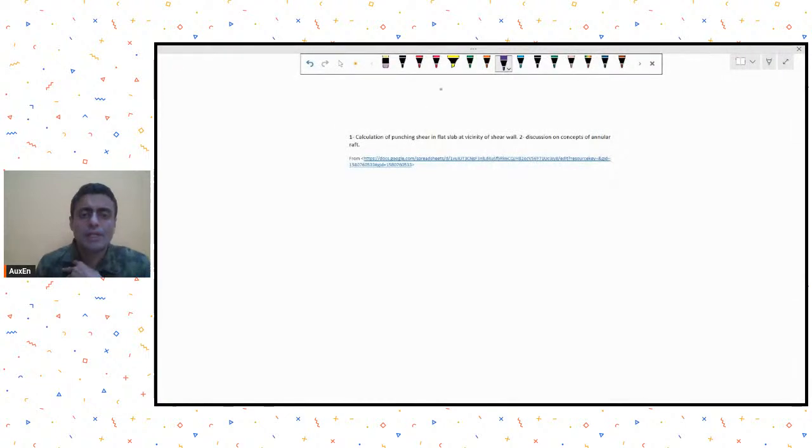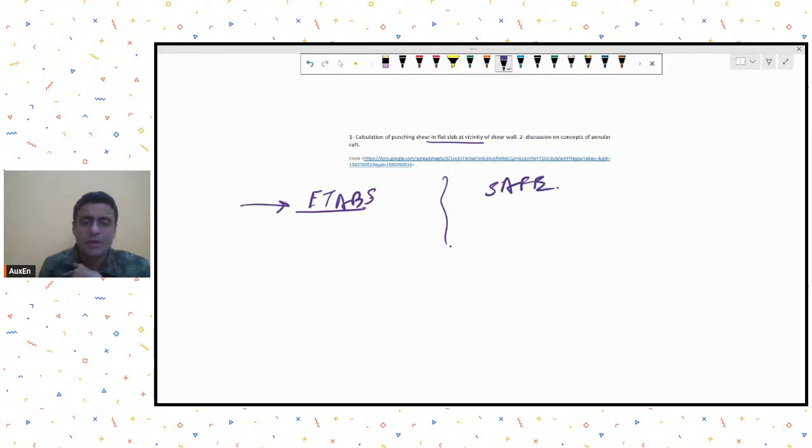Okay. So if you have modeled a shear wall and you want to get the punching shear in flat slab, how do you do it? What are the ways to do it? So first option can be that, let's say you had made an ETABS model, and for slabs, individual slabs, you are modeling it in SAFE. One of the ways can be that in the model that is designated to be sent to SAFE, you model your shear walls as columns only.